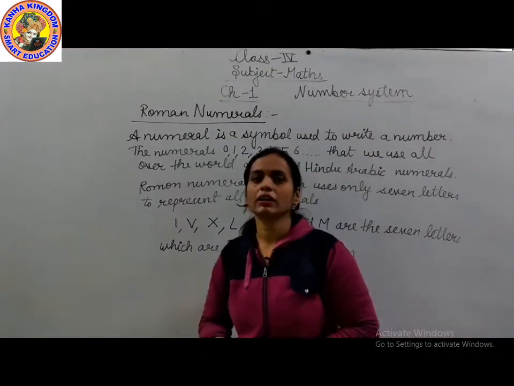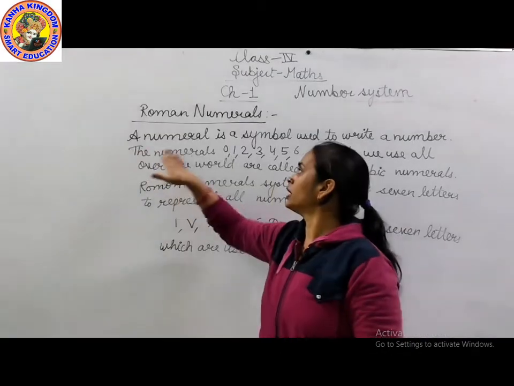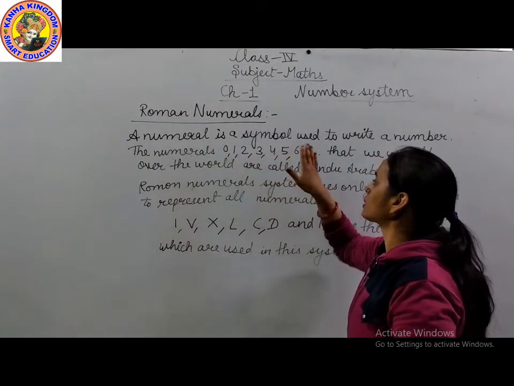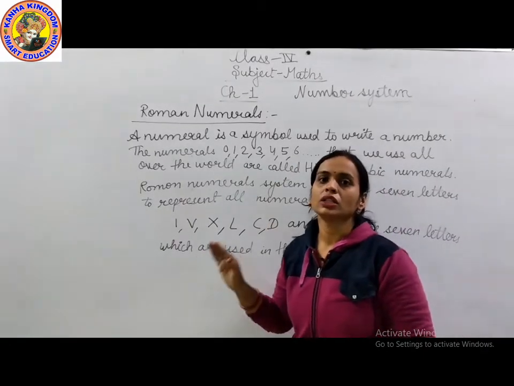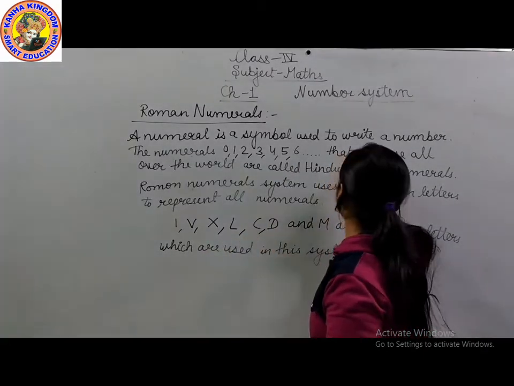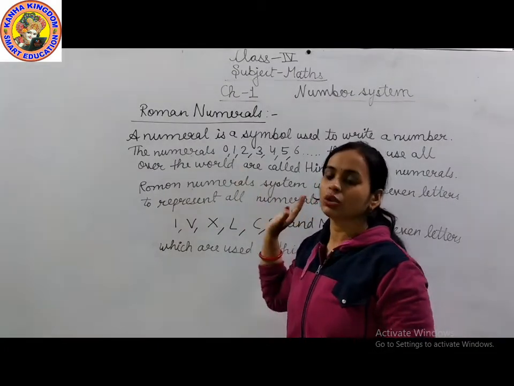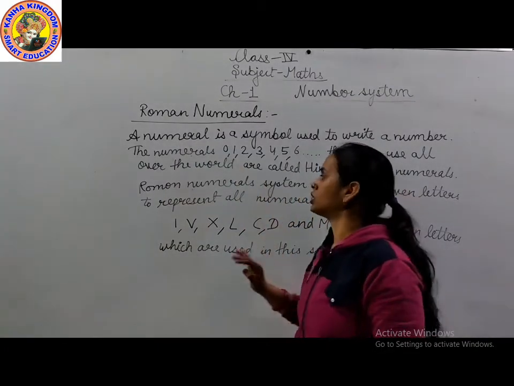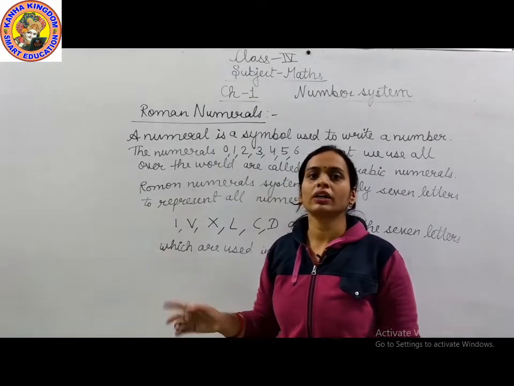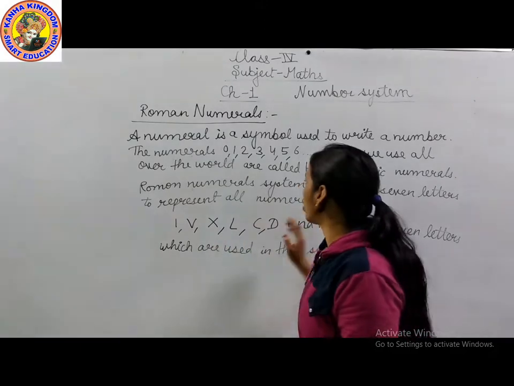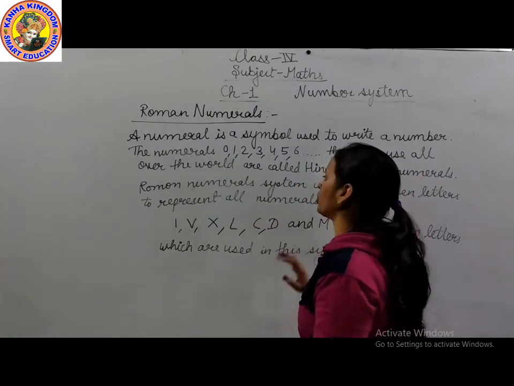The numerals 0, 1, 2, 3, 4, 5, 6, 7, 8, 9, 10, up to 100 that we use all over the world are called Hindu-Arabic numerals. Okay? When we write 0, 1, 2, 3, 4, they are called Hindu-Arabic numerals.